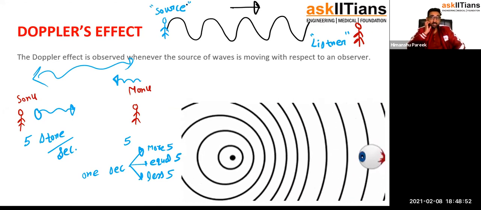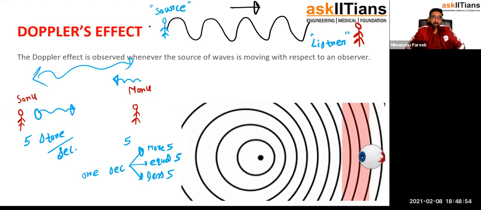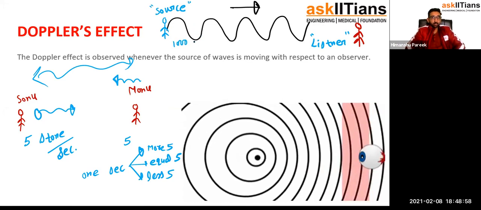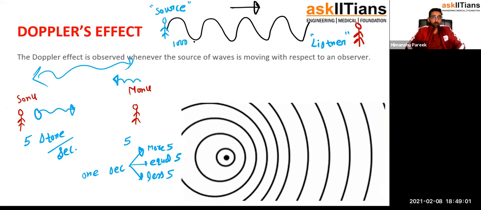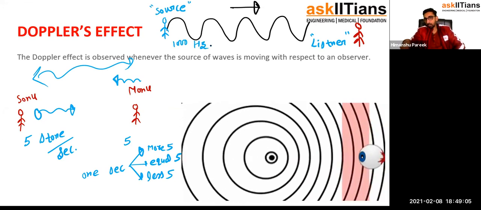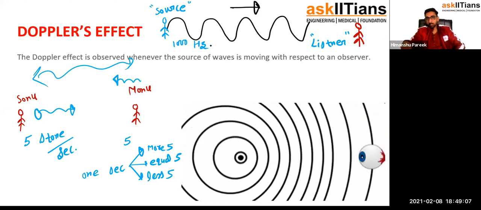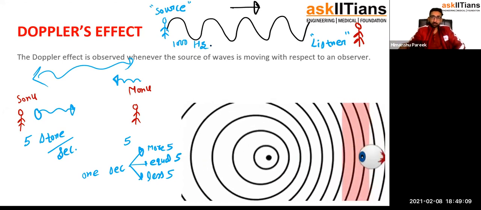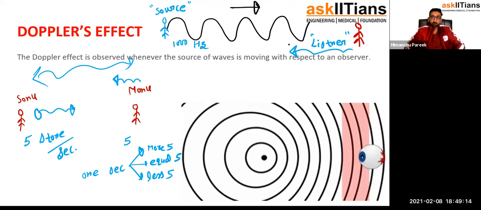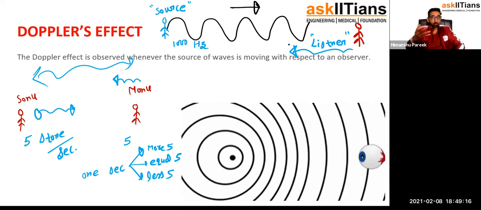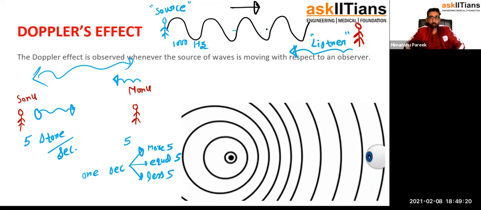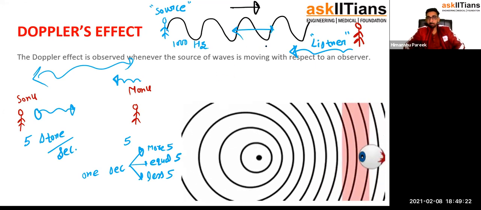So if the listener is standing and the source is sending, let's say, 1000 vibrations per second, that means 1000 is the frequency, 1000 hertz. So the listener is getting 1000 vibrations per second. But what will happen if the listener starts walking towards the source? He'll get more vibrations per second, more cycles now.